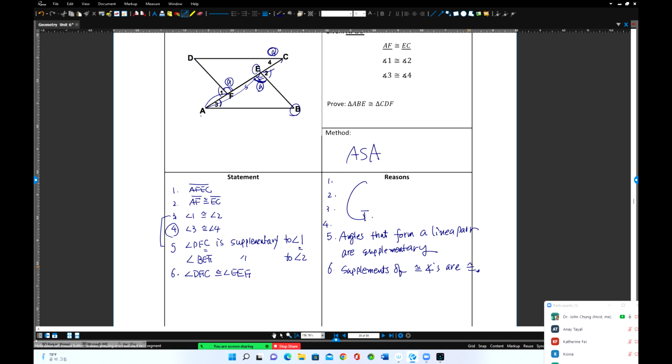You can say it this way, okay? Now the next one, we have to say that the other side is equal, right? So FE congruent to FE, right? That is reflexive. That is a common line segment, reflexive.